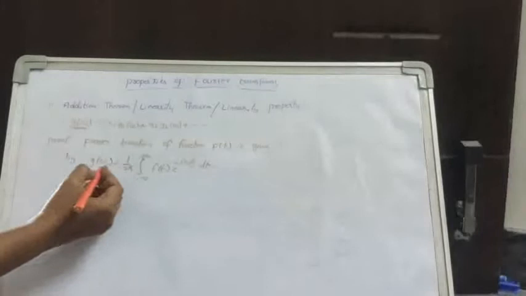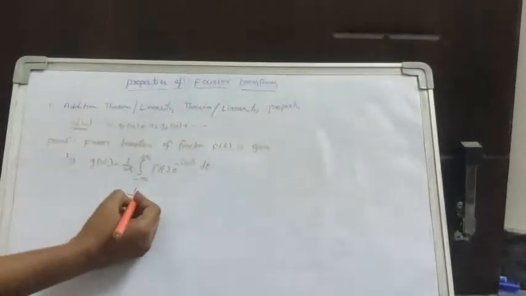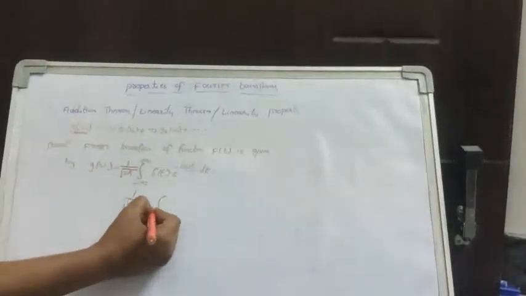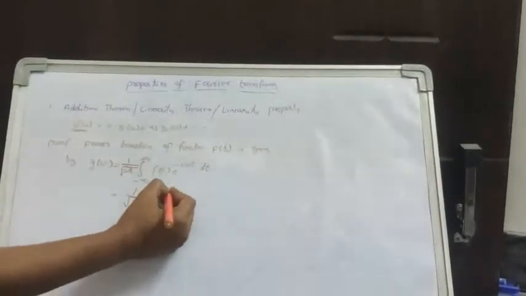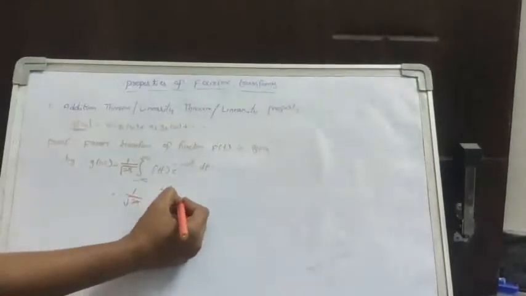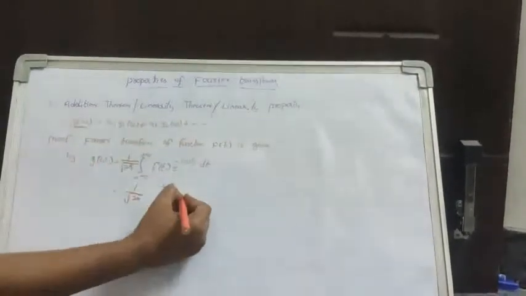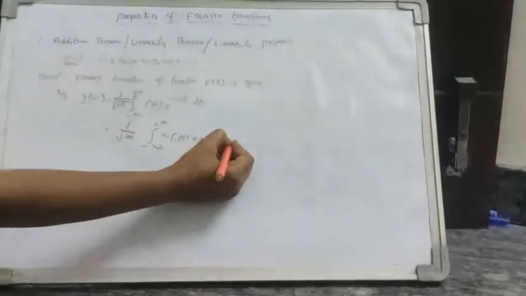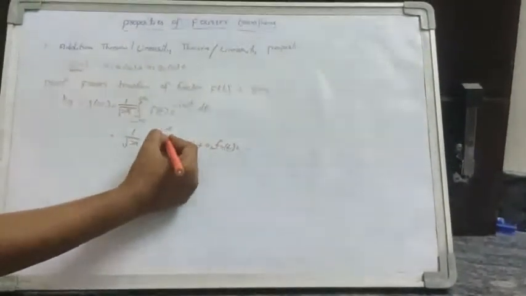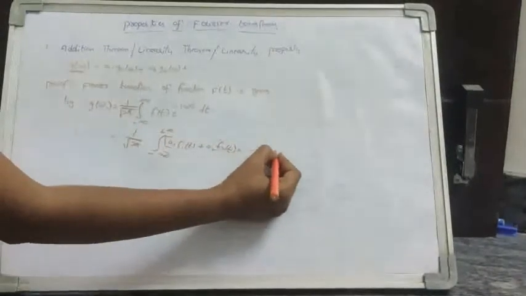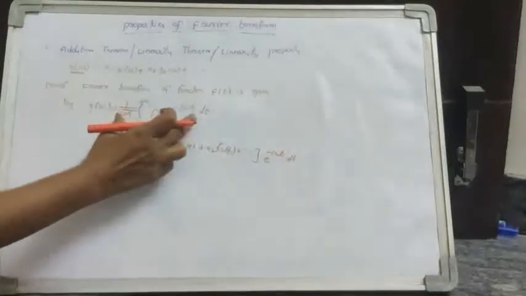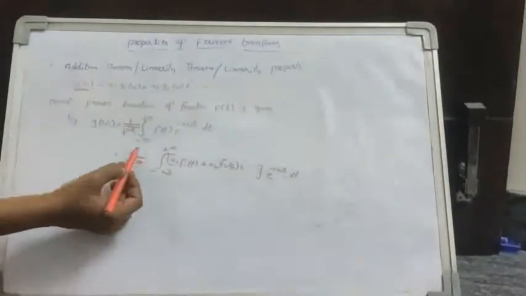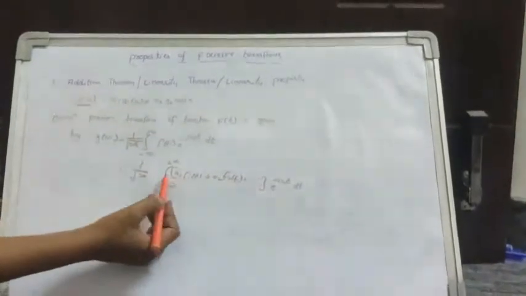Now we are going to write this as 1 by root 2 pi integral minus infinity to plus infinity a1 f1 of t plus a2 f2 of t plus and so on, into e power minus i omega t dt. The same thing I have applied for a1 g1 of omega: 1 by root 2 pi for all the terms and integration for all the terms.